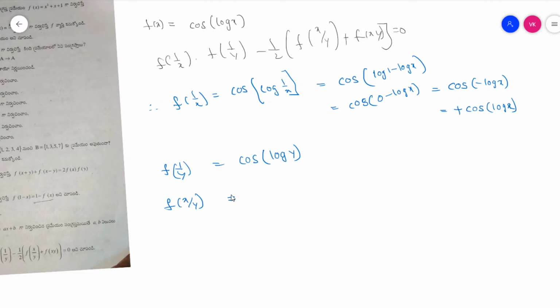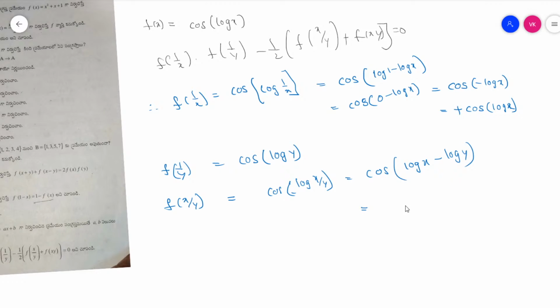F of x by y we can write as cos of log x by y, which is cos of log x minus log y.